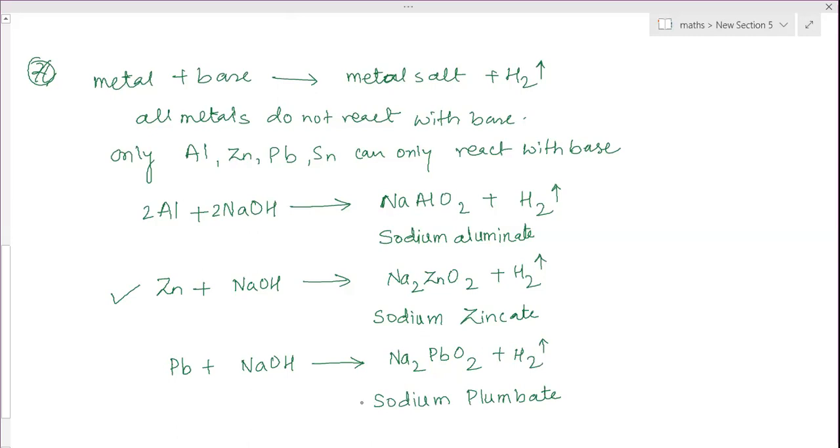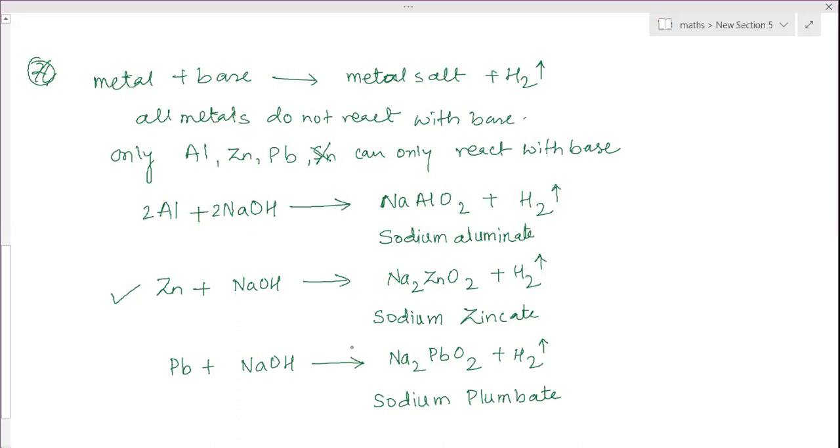So these are the main elements. Whenever the question is asked: all metals do not react with base, but there are a few metals which can react with bases to give out hydrogen gas. Those are aluminium, zinc, and lead. Don't do tin because tin's reaction is very less. So aluminium combines with sodium hydroxide to form sodium aluminate. Zinc reacts with sodium hydroxide to form sodium zincate.